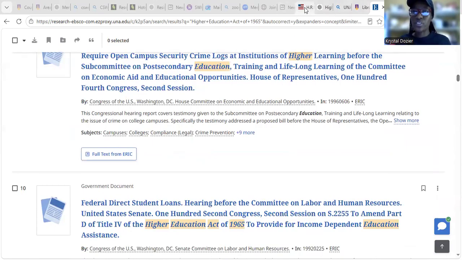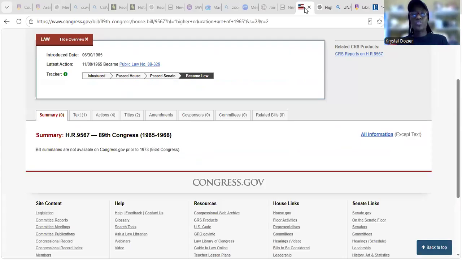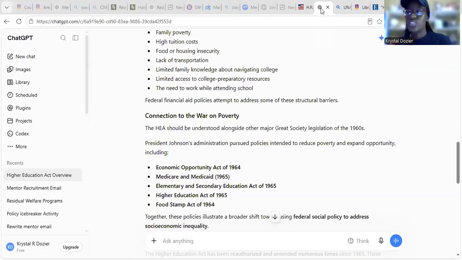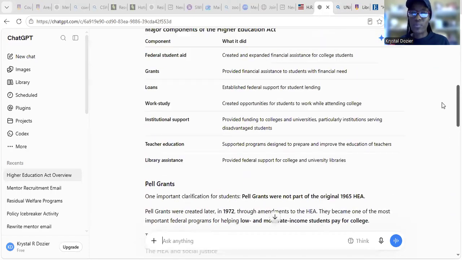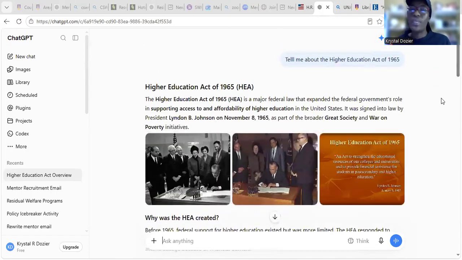So you saw, and I'm just going to go through my screens really quick, you saw how I started on congress.gov. They don't have a summary because it was enacted in 1965, well before 1973. And so I went to Chat GPT just to find an overview of what the policy did, so that I can understand would it be beneficial for me in using it for my policy analysis.